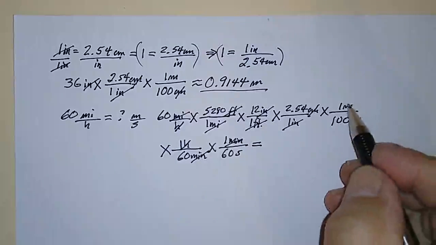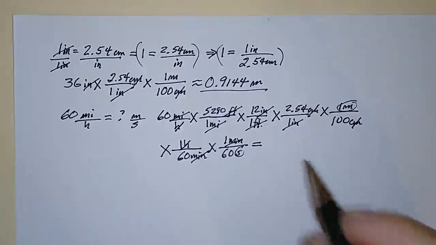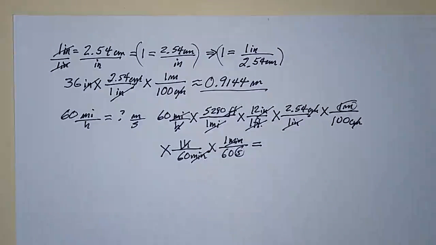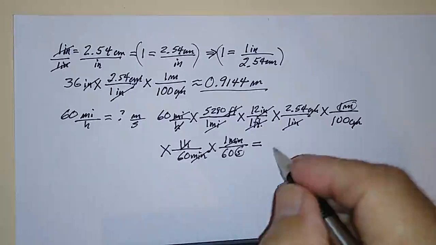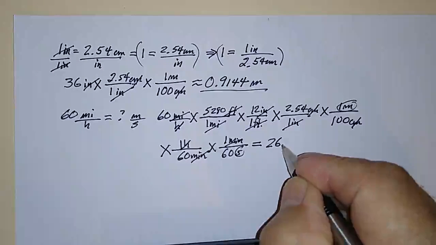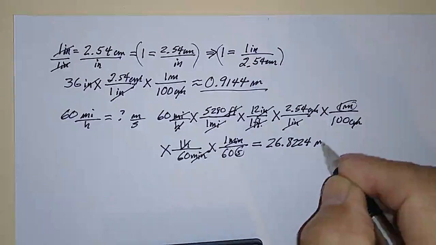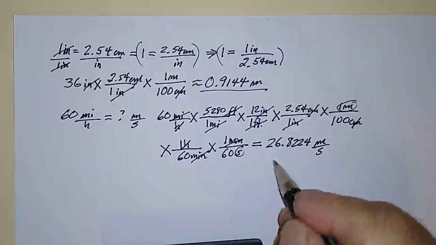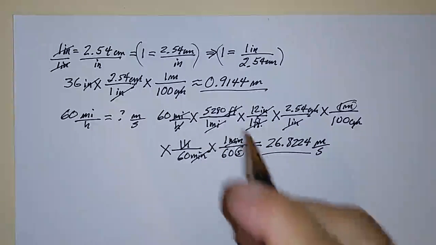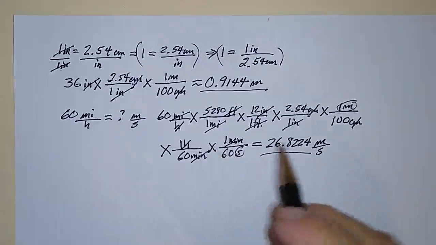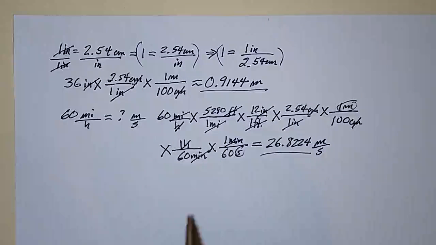The units I'm left over with are meters per second. So all I have to do is put that in the calculator, and I get 26.8224 meters per second. So that's one example of how I could get miles per hour into meters per second.